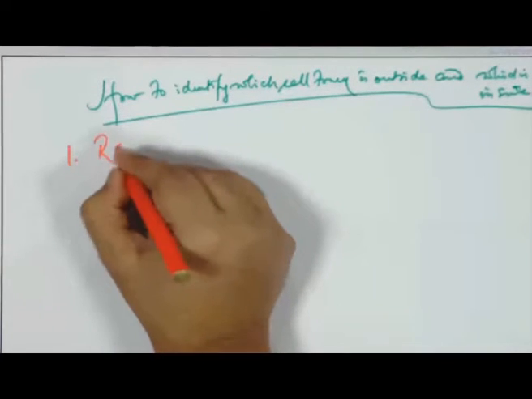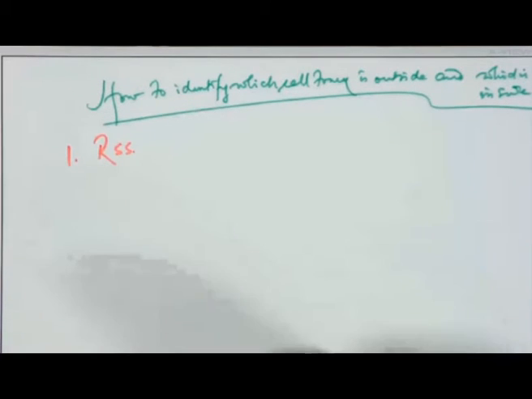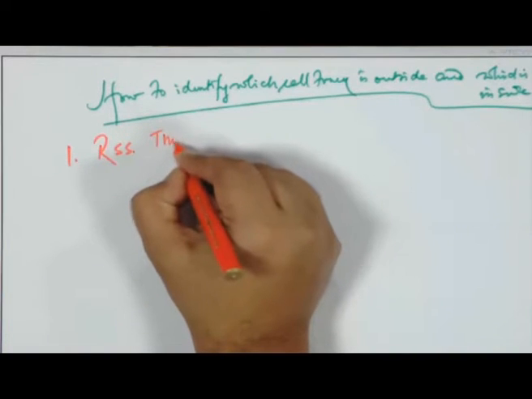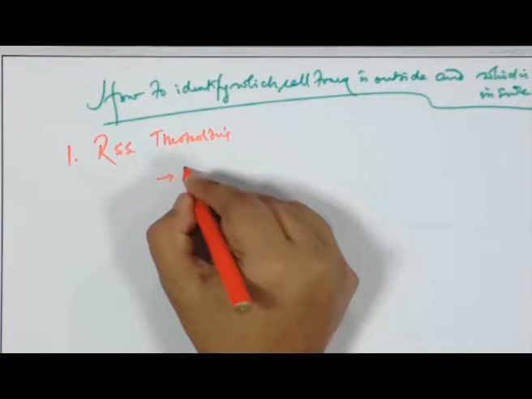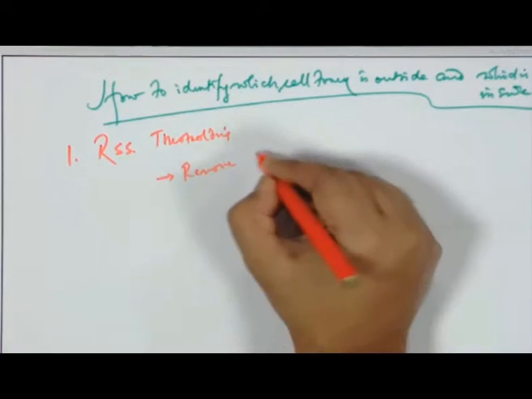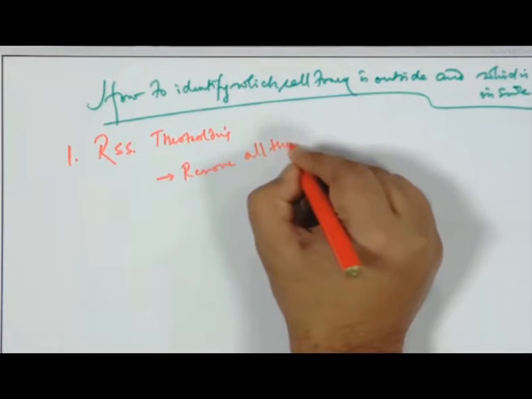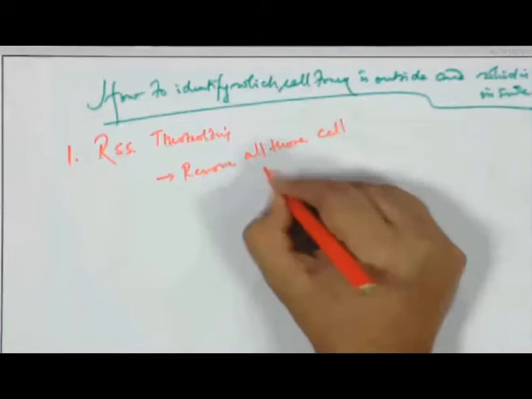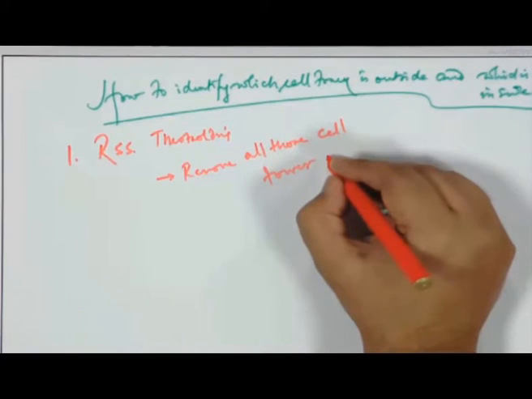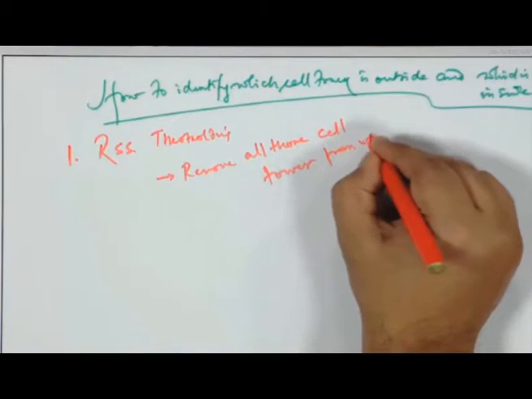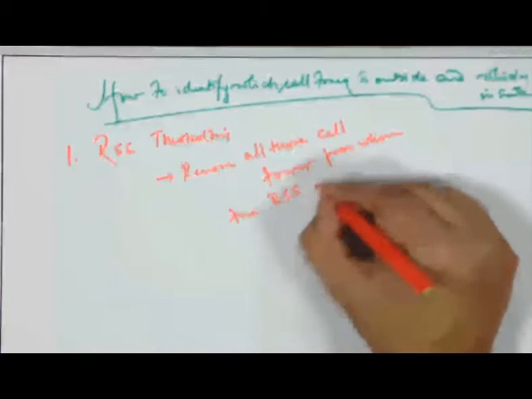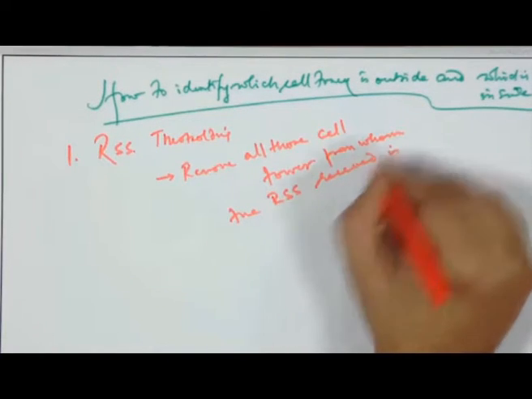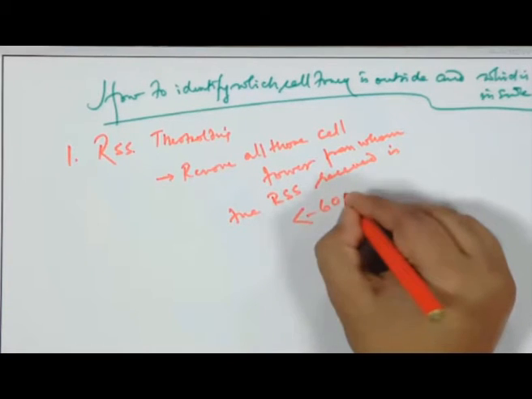So one is, see, the one intuition can be very well. So one is RSS thresholding. First of all, what we do is remove information, we remove all those cell towers from whom the RSS received is less than minus 60 dBm.